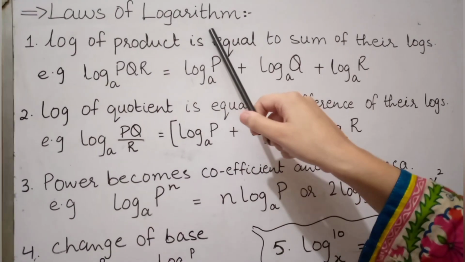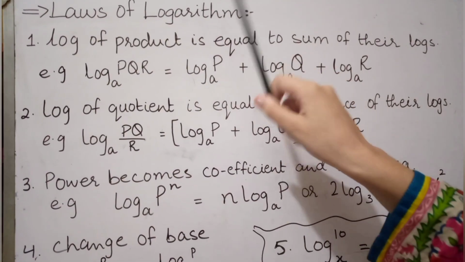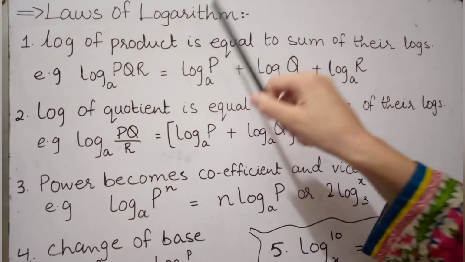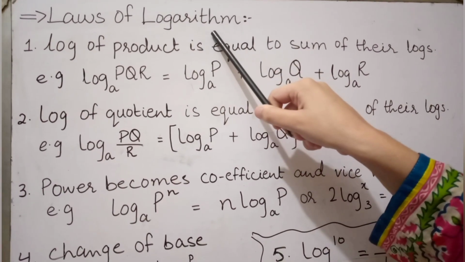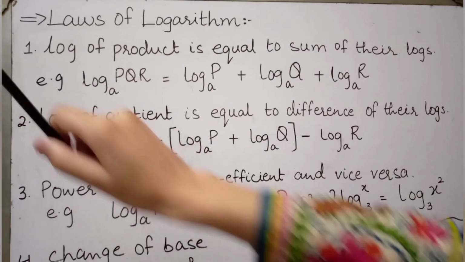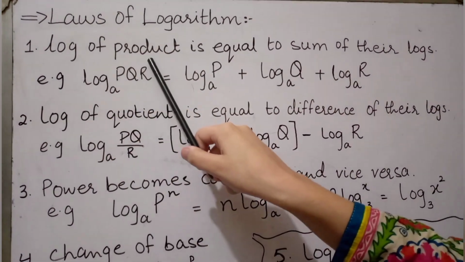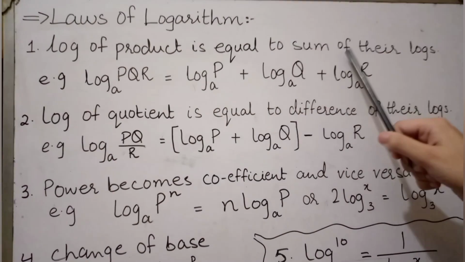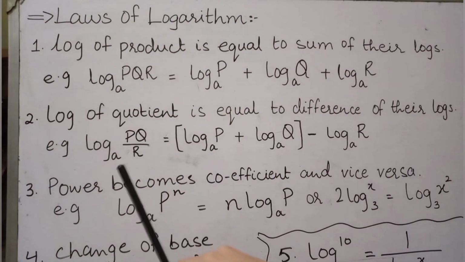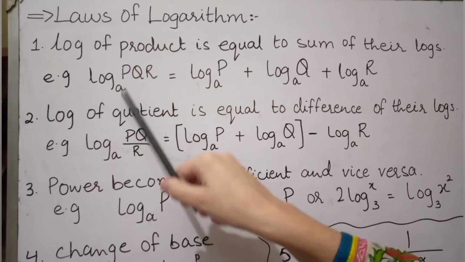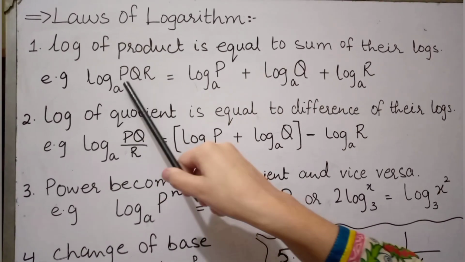Laws of logarithm. A very important thing which you need to understand. Okay, first law. Log of a product is equal to the sum of their logs. Now for example, log base a PQR.